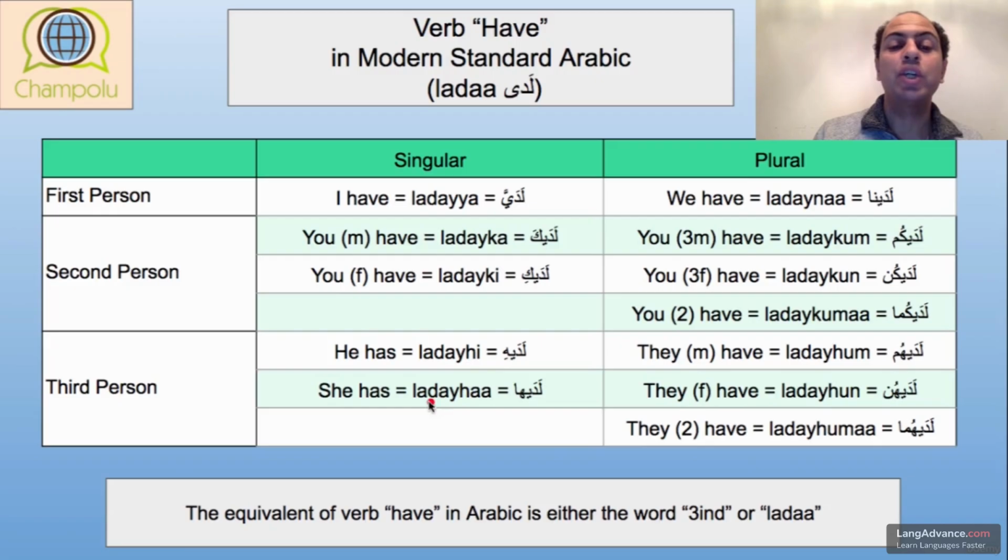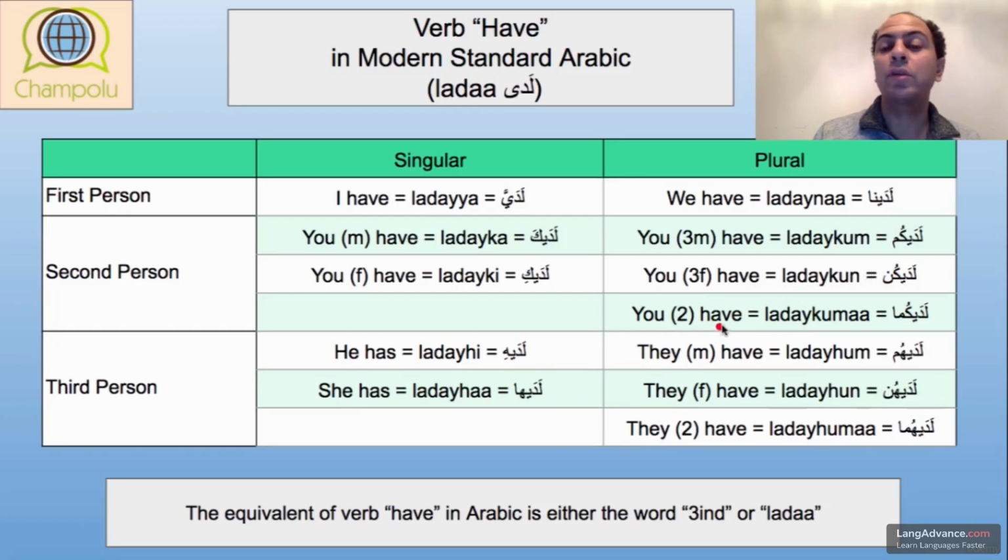She has, لديها. And for plural, we have, لدينا. You have, when addressing a group of males or mixed, لديكم. You have for addressing a group of females, لديكن.